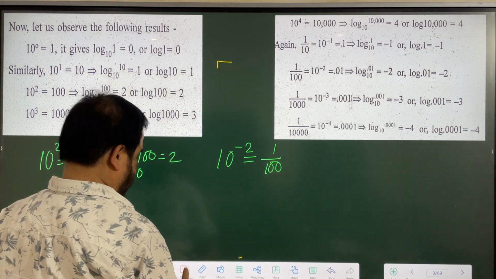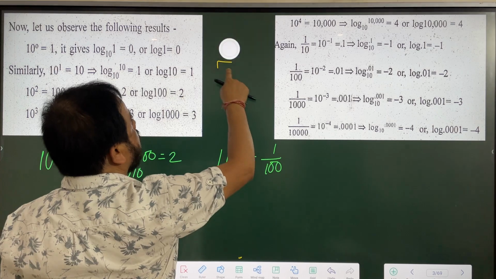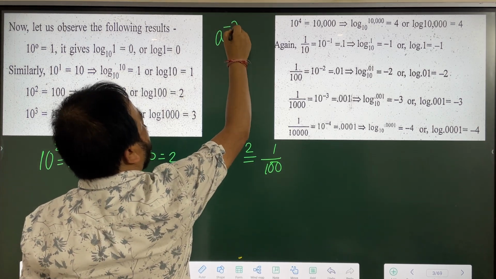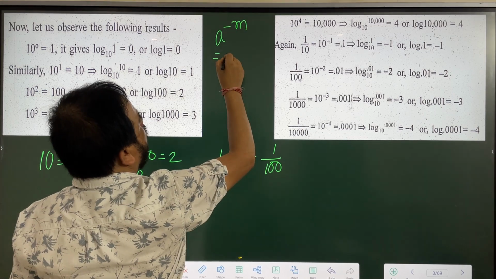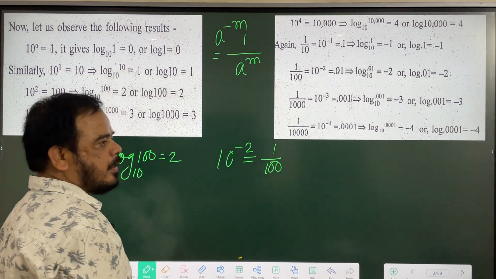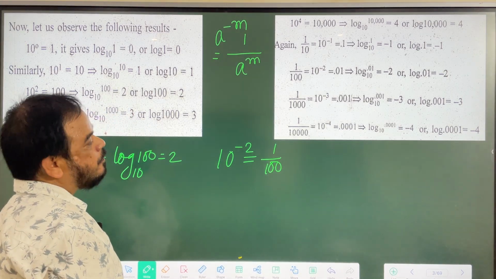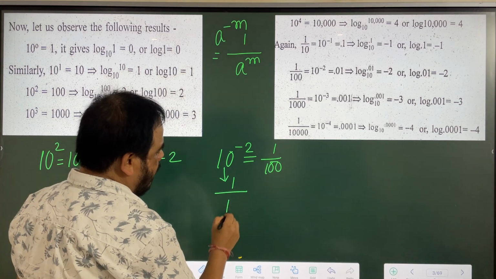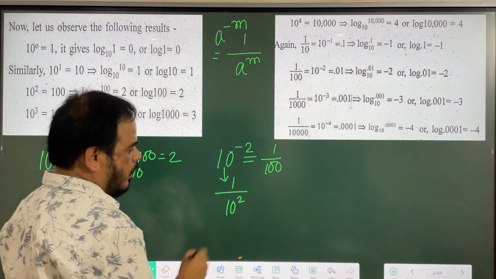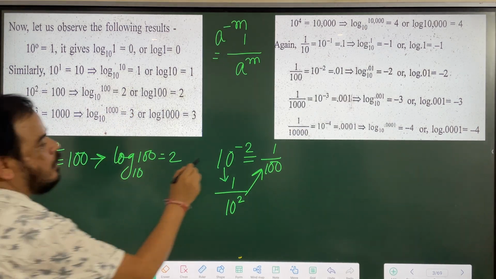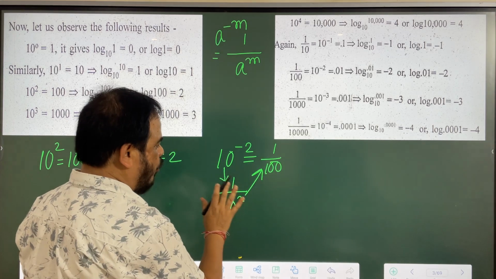As we learned in lower classes, a to the power minus m we can write as 1 by a to the power m. Indices formula. So 10 to the power minus 2 we can write as 1 by 10 squared. That is why it is 1 by 100. Here 10 squared is 100, 10 to the power minus 2 is 1 by 100. I hope you understand this one.